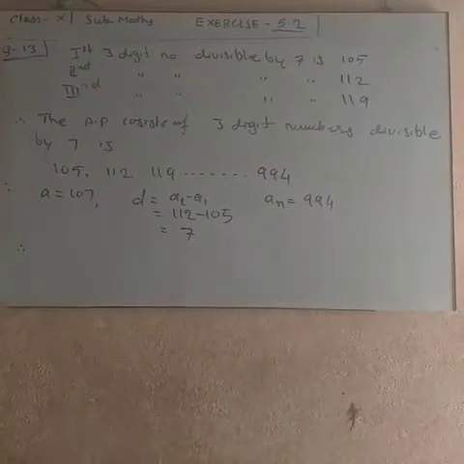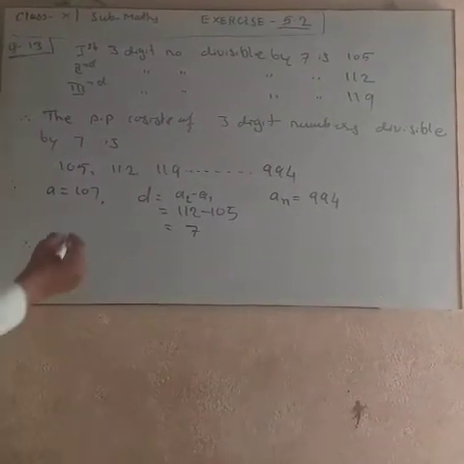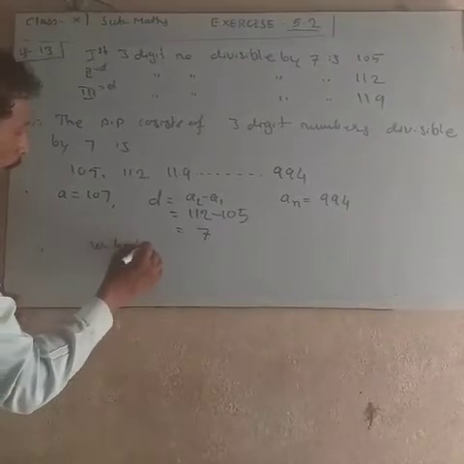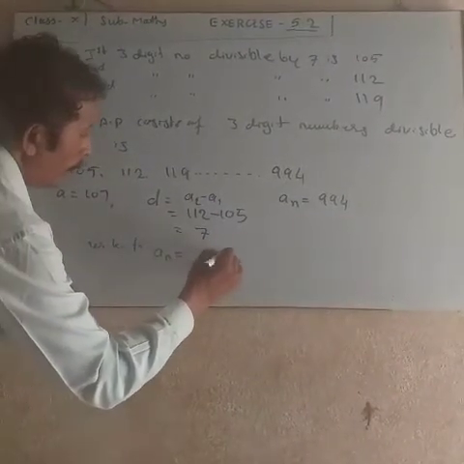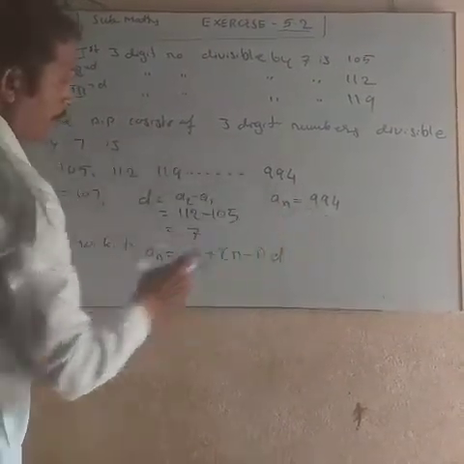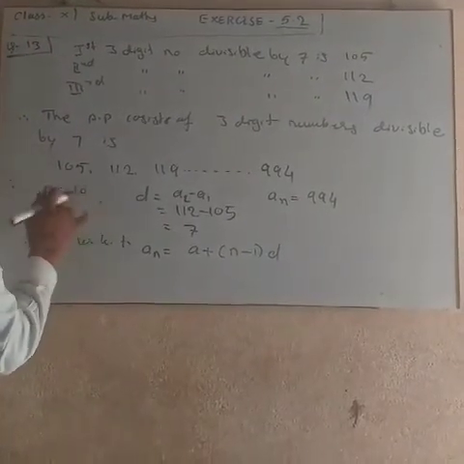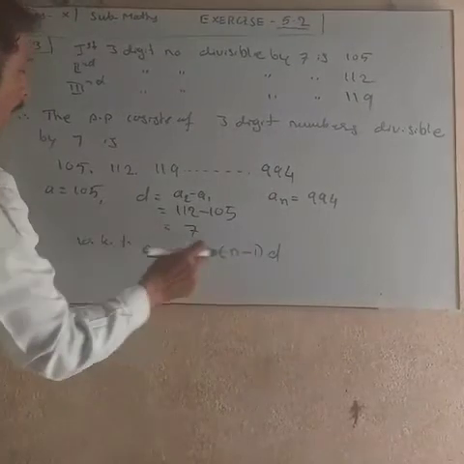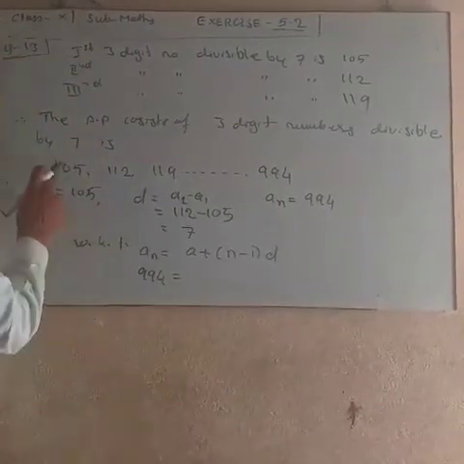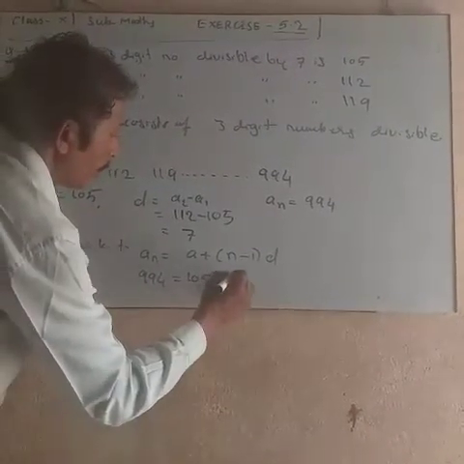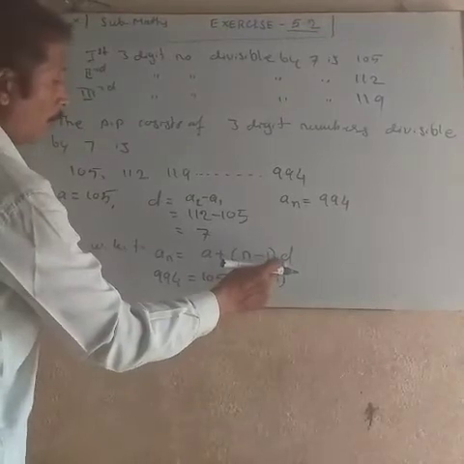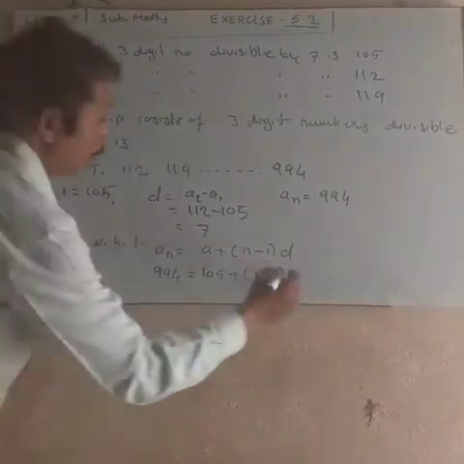Therefore, using the formula to find the nth term of an AP, AN is equal to A plus (N minus 1) into D. Put the value of AN 994, A 105, and D 7. 994 is equal to 105 plus (N minus 1), since we don't know the number of terms, times the common difference 7.